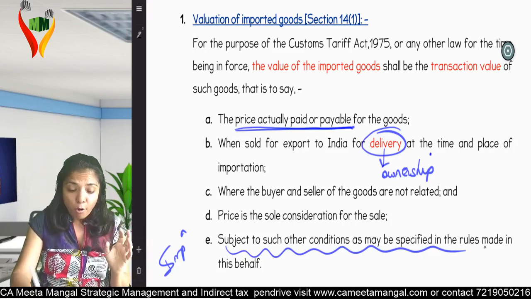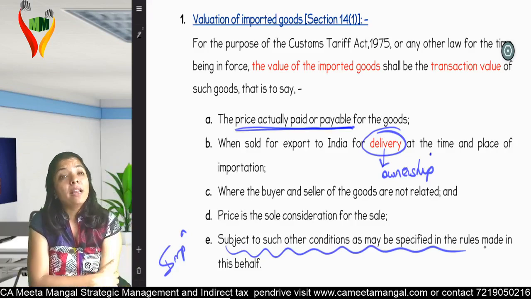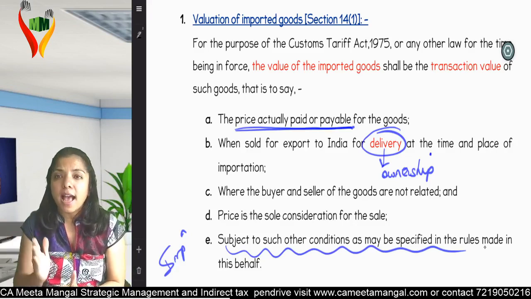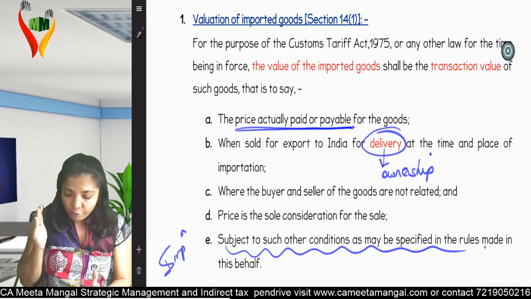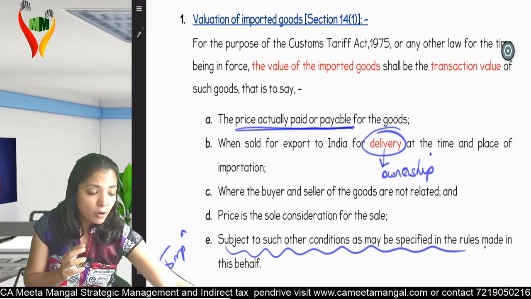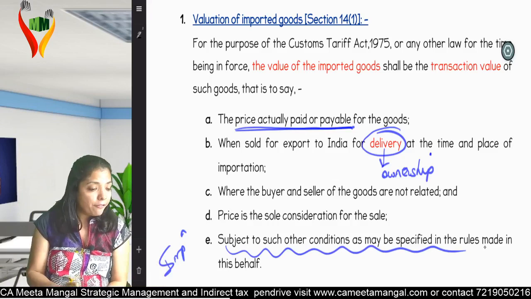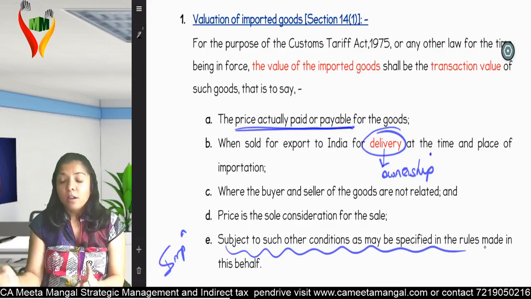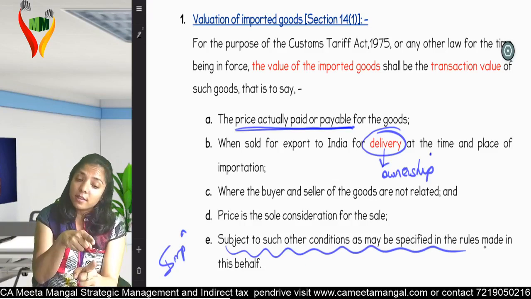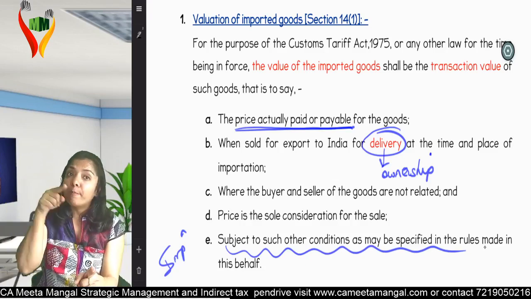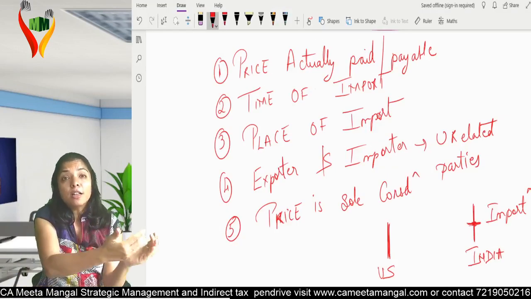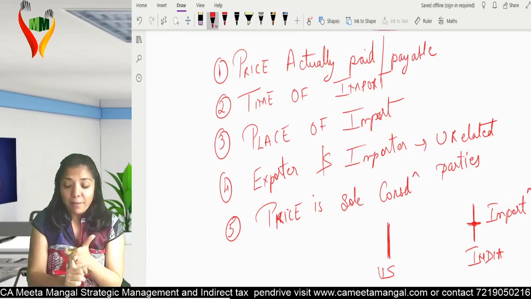Boss, what is 14.1 saying? 14.1 is saying, if 14.2 is not applicable, come to 14.1. 14.2 talks about tariff value. Now, if 14.2 is not there, then 14.1 says the price actually paid or payable when goods are sold to India, at the time and place of importation.